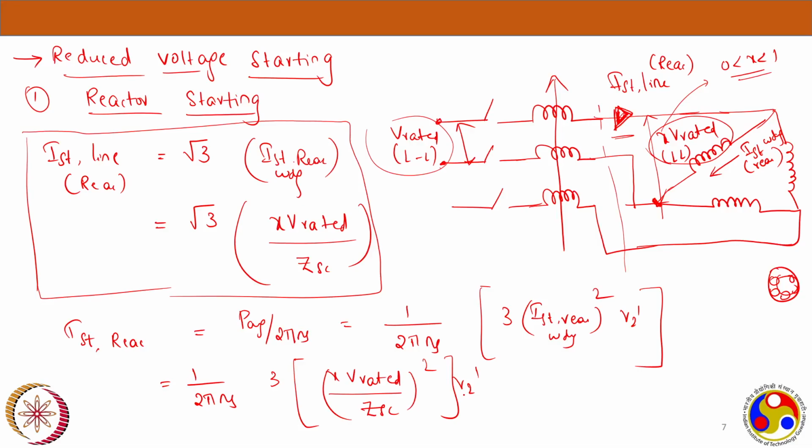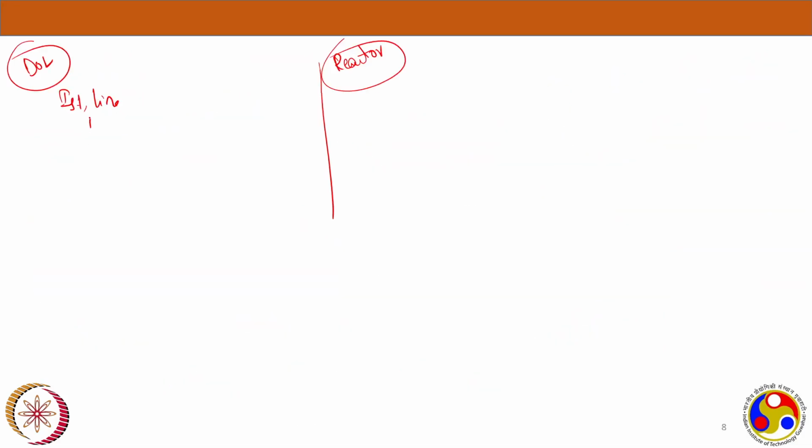In the DOL, your starting current drawn by the machine is equal to root 3 times V rated by Z_SC, and the starting torque in the DOL is equal to 1 by 2 pi Ns times 3 times V rated by Z_SC whole square R2 dash.